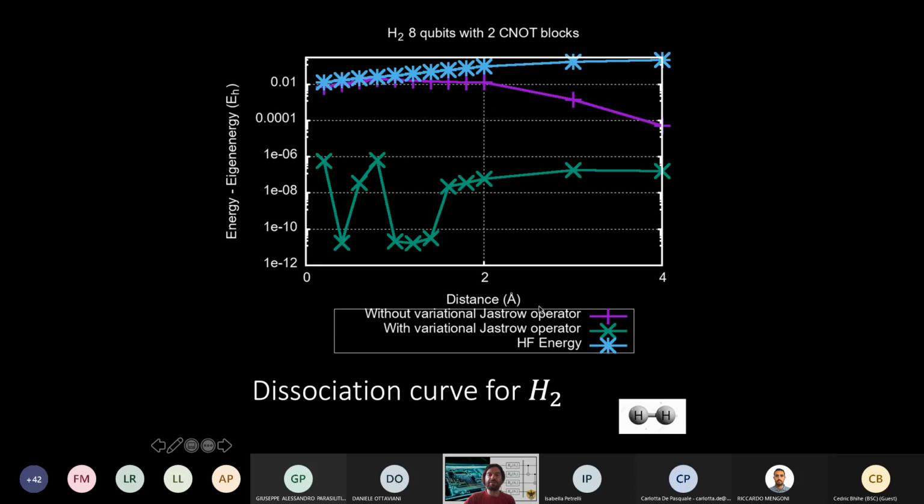You can see that without the Jastrow operator, we call this non-unitary operator the Jastrow operator, you can obtain this purple curve, and with this variational Jastrow operator, we can actually have something which is basically the exact solution for this small H2 example.